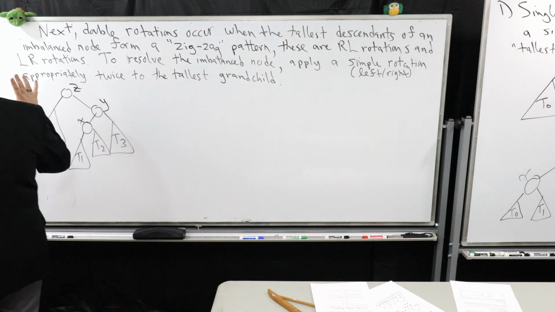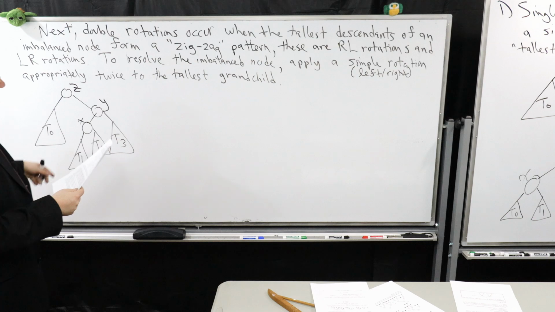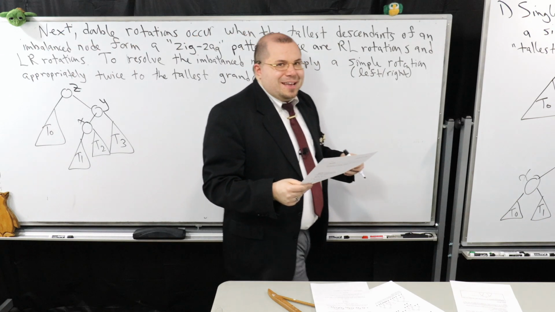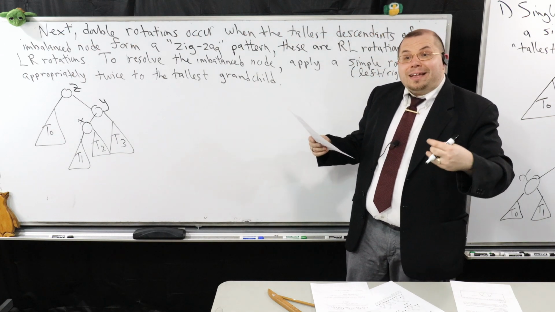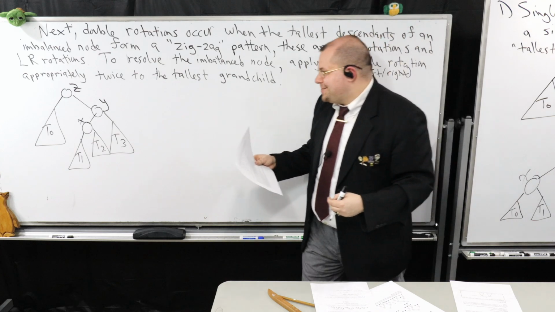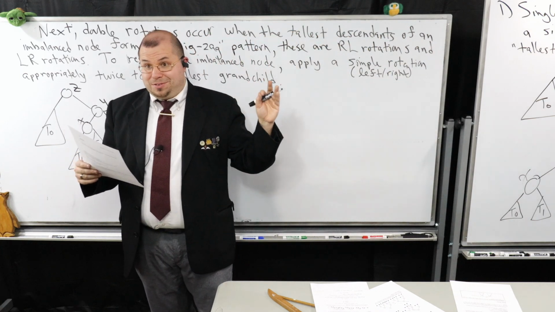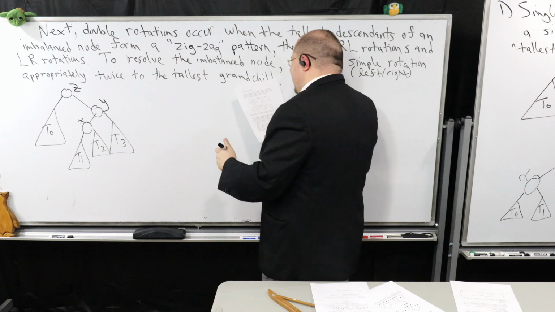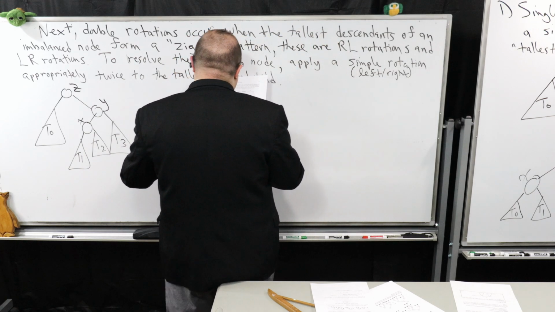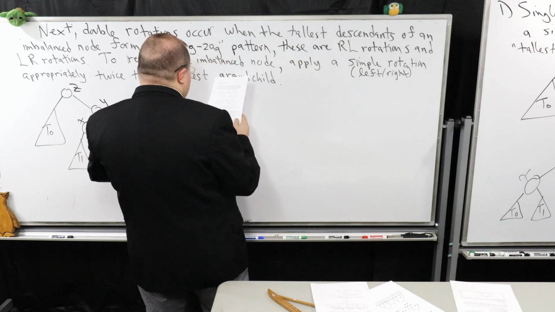Now, I don't have time to prove it to you, but the double rotation will be nice for correcting imbalances in a much more definitive way. It's a much more powerful way of fixing the heights of nodes in a tree.